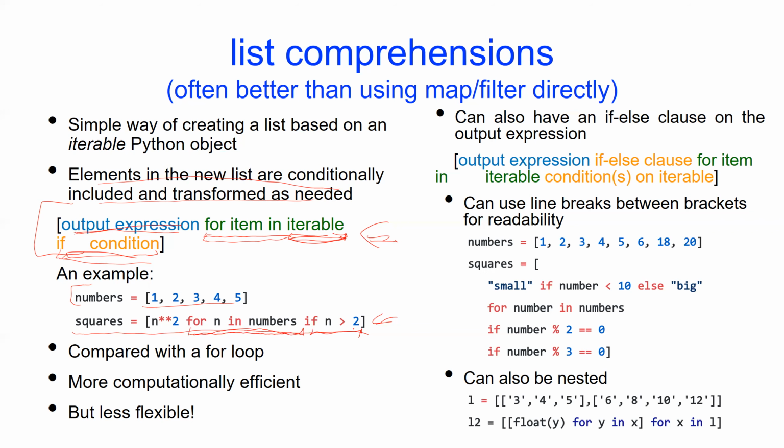If that is satisfied, then I will append my current item to the output expression. So this will be a squared version of your current element. So this essentially says, for whatever n is greater than 2, I will append its squared version to a new list.